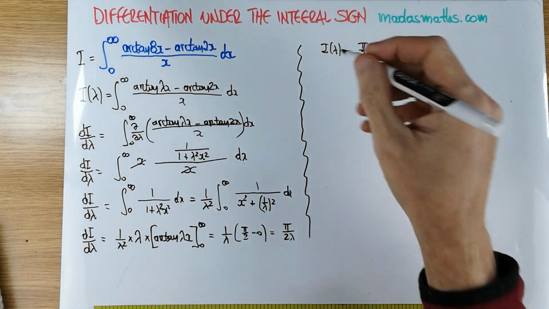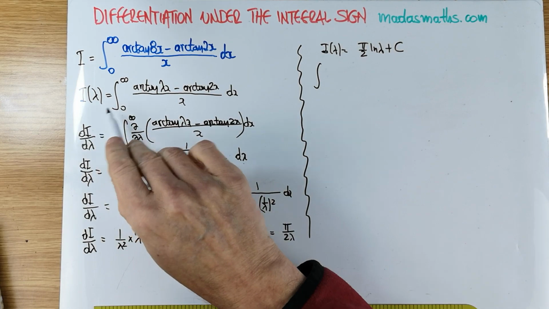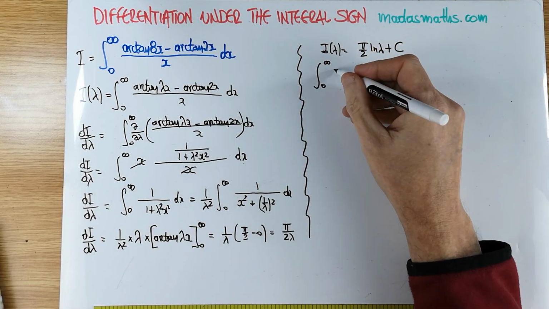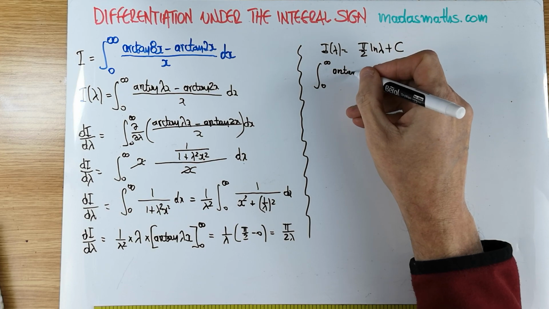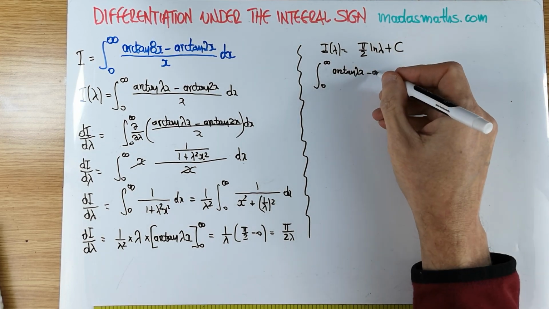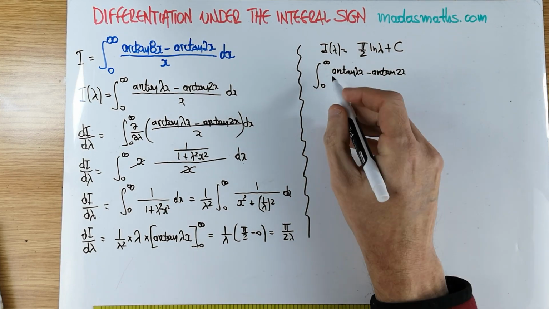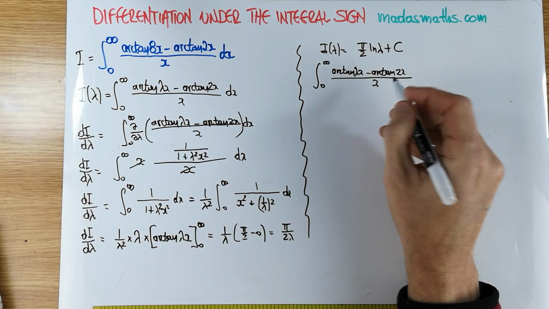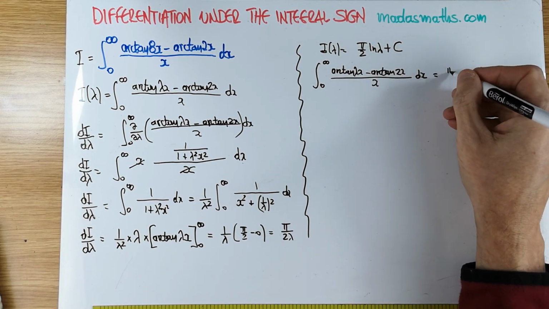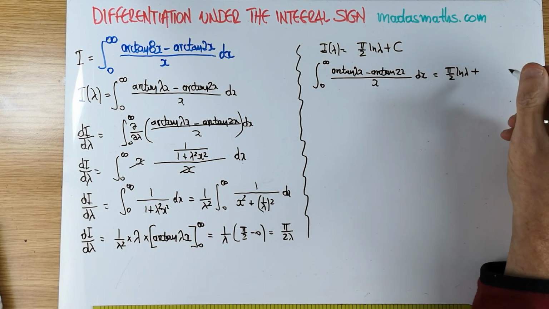So in other words, I of lambda, let's write it in its full glory: the integral of arctan of lambda x minus arctan of 2x, the whole thing over x, dx, is equal to pi over 2 log lambda plus a constant.